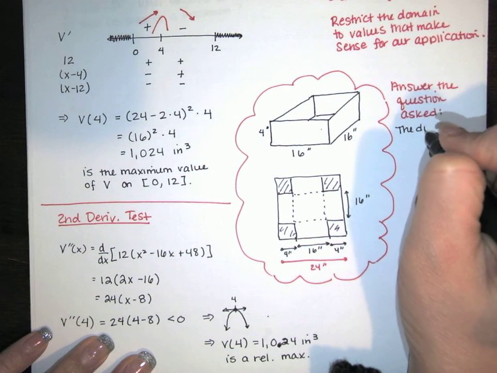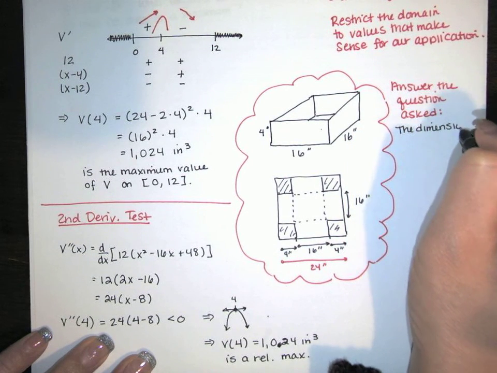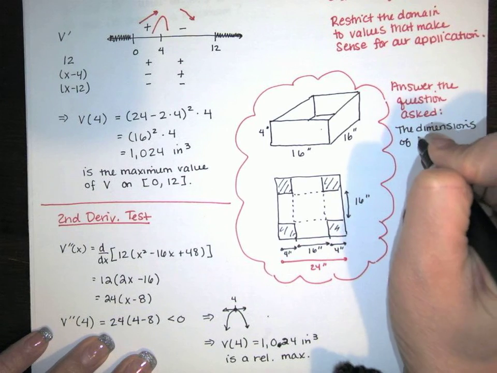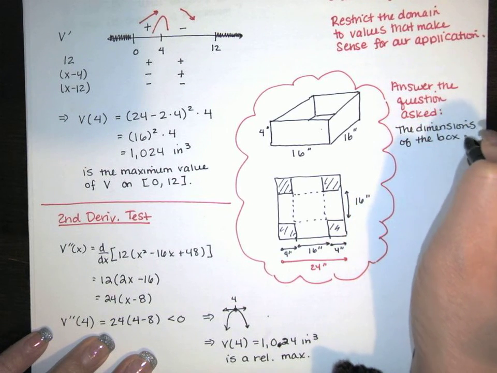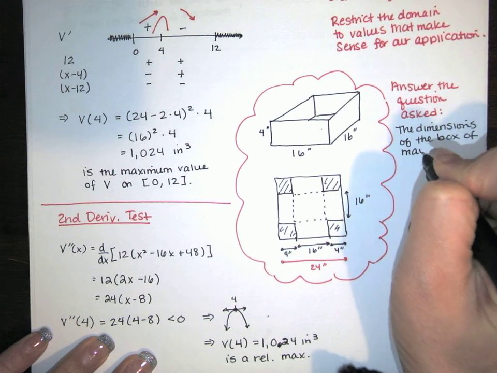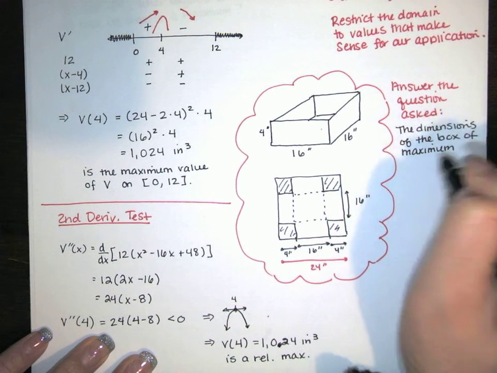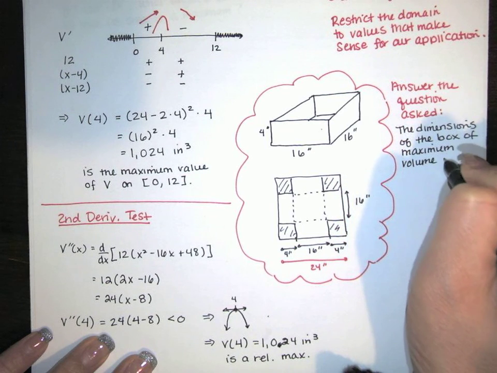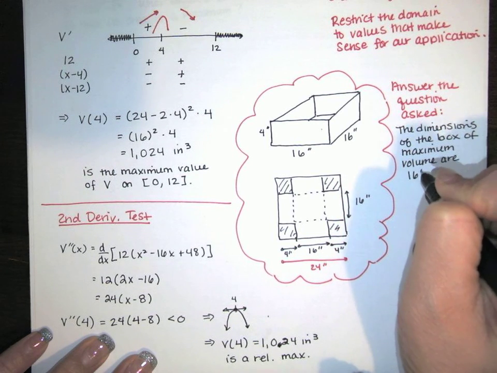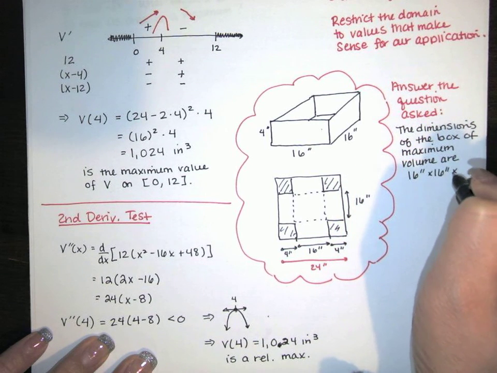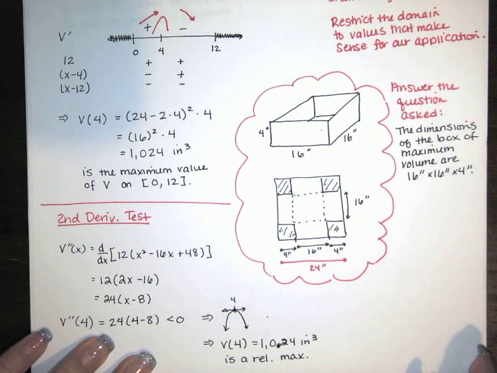So we'll say the dimensions of the box of maximum volume are 16 inches by 16 inches by 4 inches. And we're done.